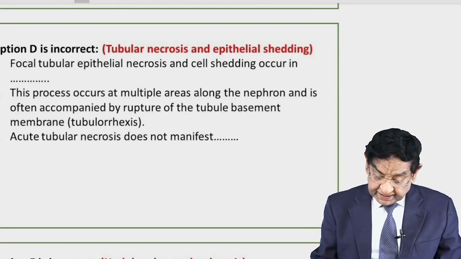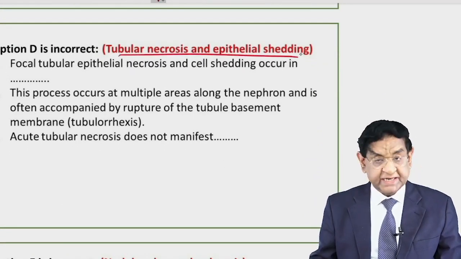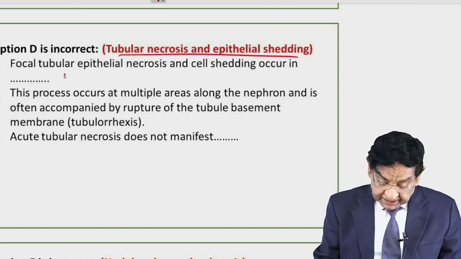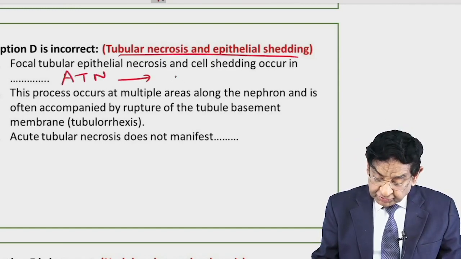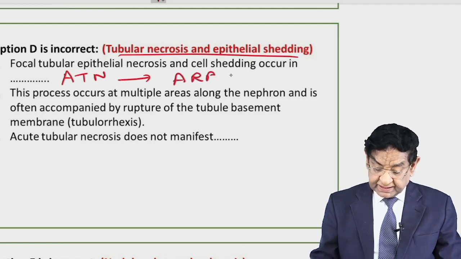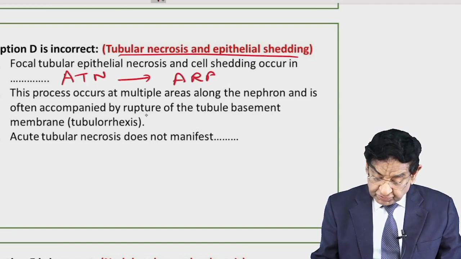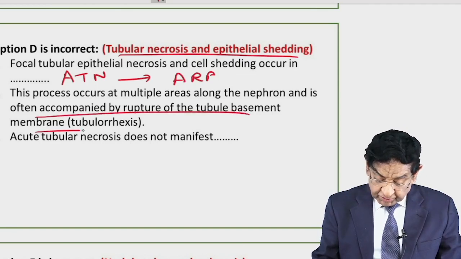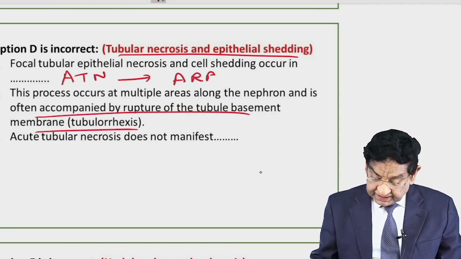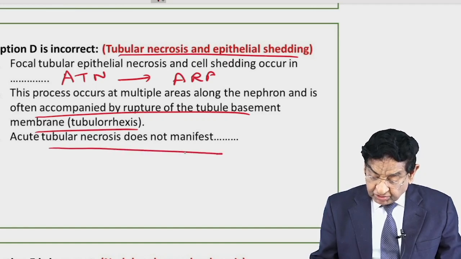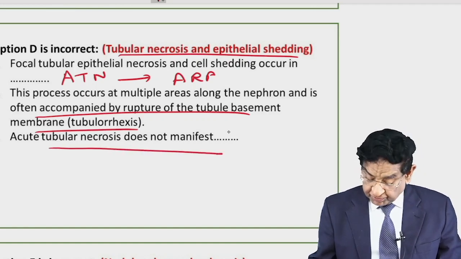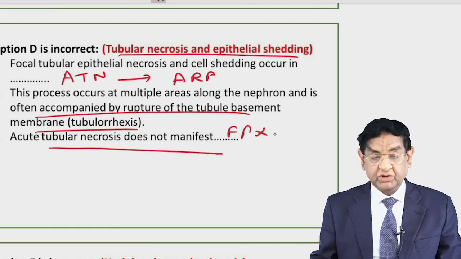Option D is incorrect. Tubular necrosis and epithelial shedding is not a feature. This is seen in acute tubular necrosis, which occurs due to acute renal failure, and in this case there is damage to tubular cells and basement membrane, also tubulorrhexis is there, and it does not manifest as loss of foot process. Foot process loss is not a feature.